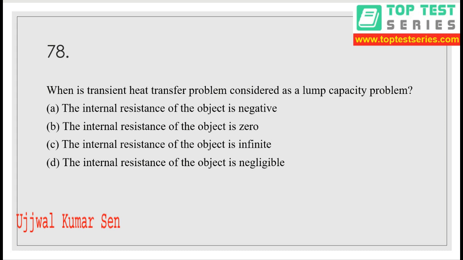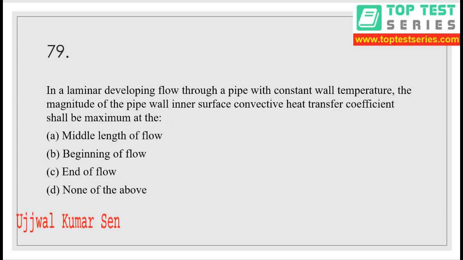This is possible when the internal resistance of the object is negligible. So if you listen to me carefully, you can mark the correct answer. Option D is the correct answer for this question, because it is saying internal resistance of the object is negligible.